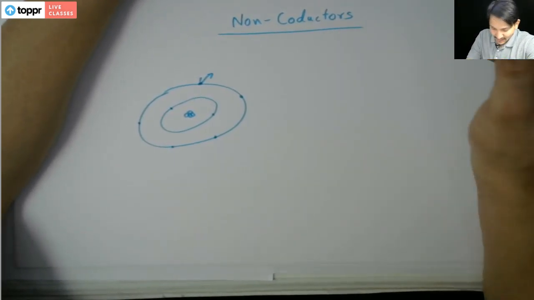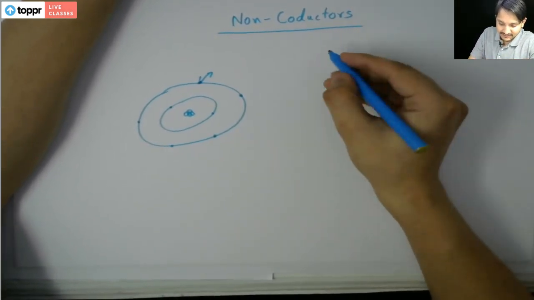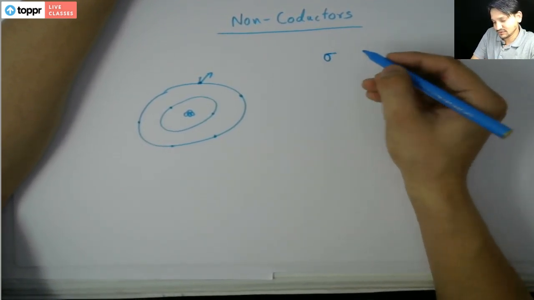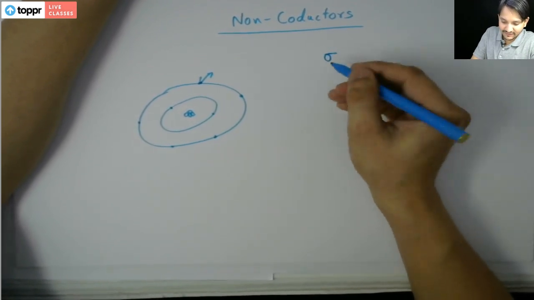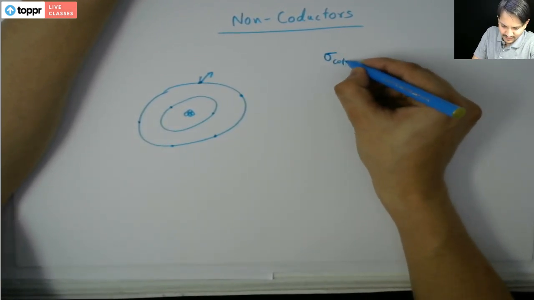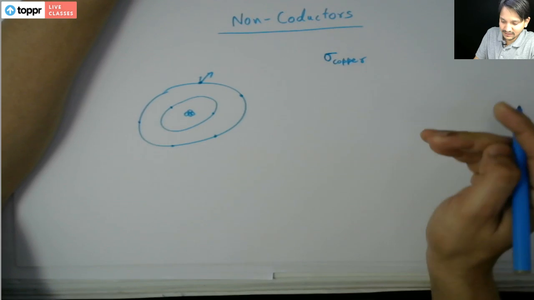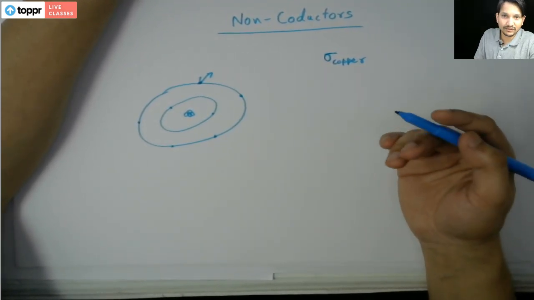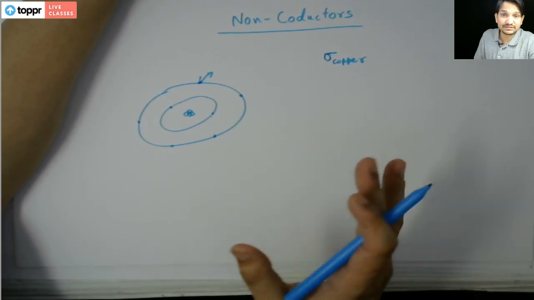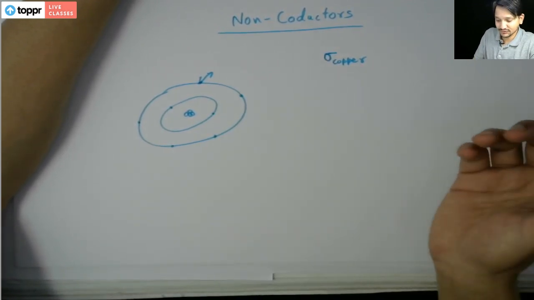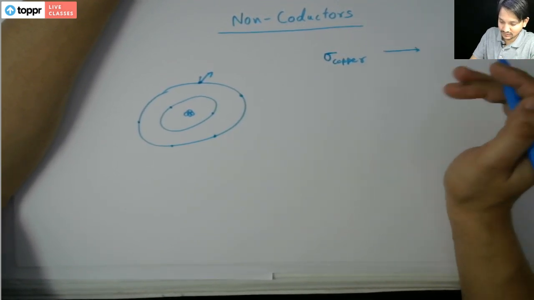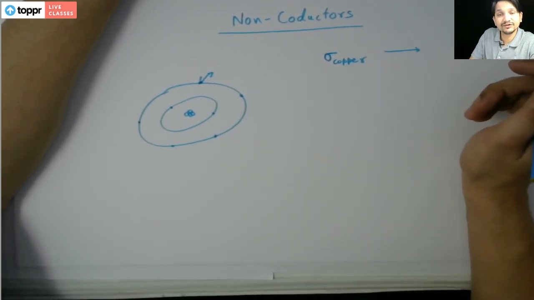So if we consider the conductivity, I'm using the symbol small sigma, conductivity of copper, just to compare how the conduction of electrons varies from one material to another. We are comparing copper and fused quartz.